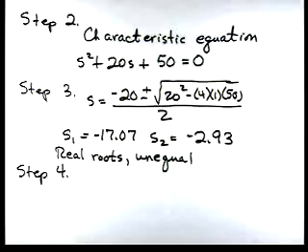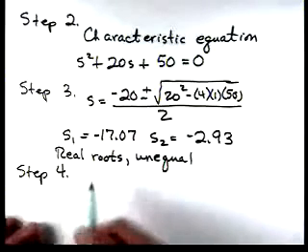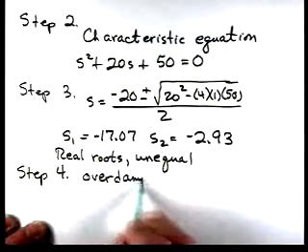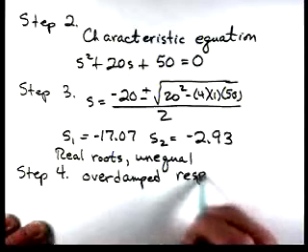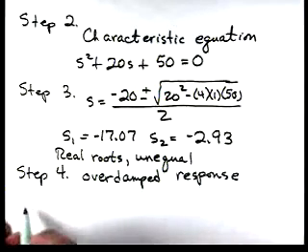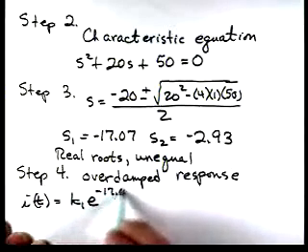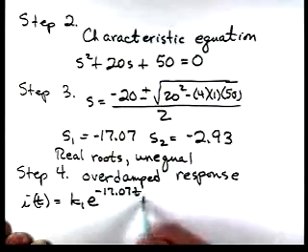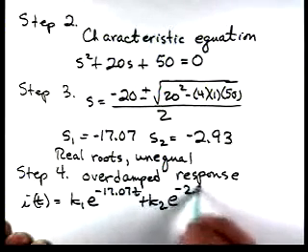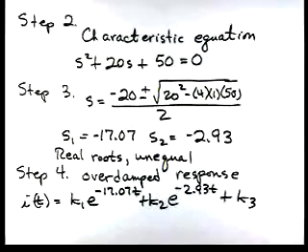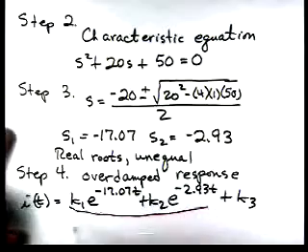And then we know that our response is overdamped, and it's of the form K1 e^(-17.07t) plus K2 e^(-2.93t) plus K3. Now this response we're talking about is the natural response.